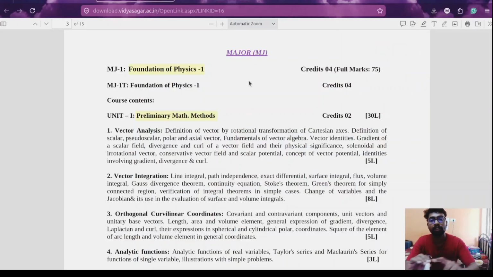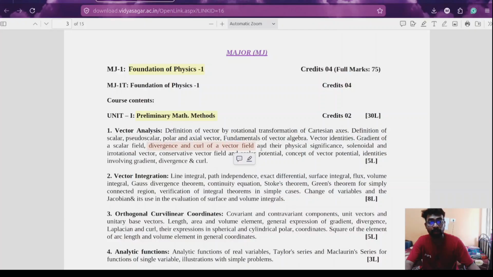In vector analysis, they cover different kinds of vectors, definitions of scalar, pseudo-scalar, polar vectors, fundamentals of vector algebra, vector identities, gradient of scalar field, divergence and curl of vector field.